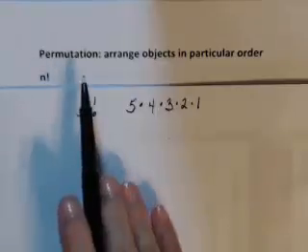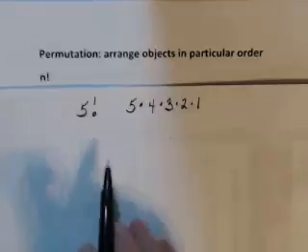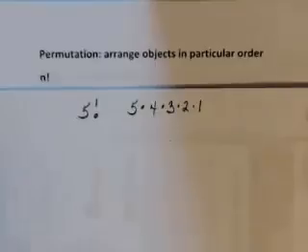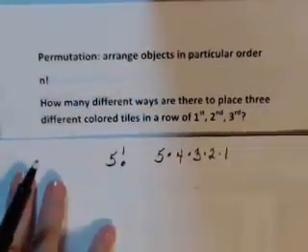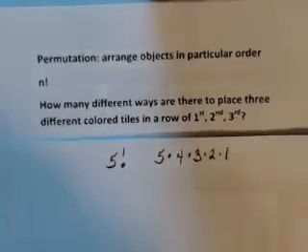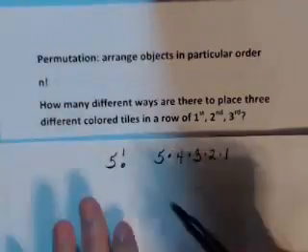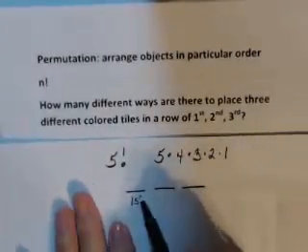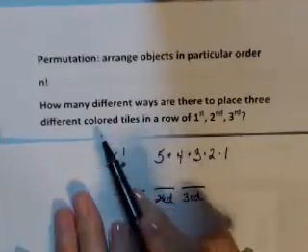So when we work with permutation problems, we have to use a formula that has factorial in it. For example, how many different ways are there to place 3 different colored tiles in a row of first, second, and third? Well, in this problem, it's pretty easy because we could draw our first, second, and third place.